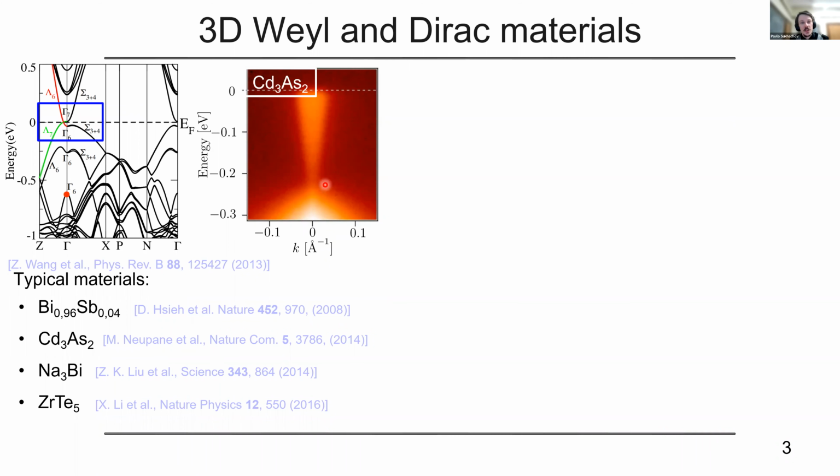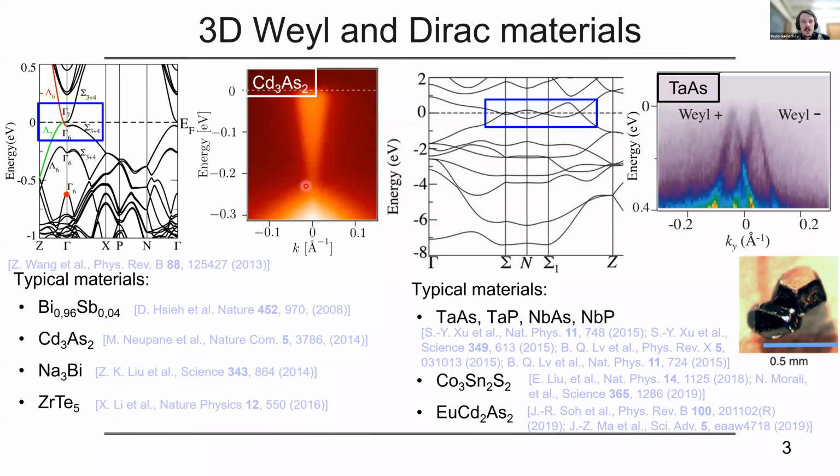the spectrum is indeed linear, but the Dirac node is quite far below the Fermi surface here. In the case of Weyl semimetals, we could have two Weyl nodes, and I will briefly explain why this is the case in a few minutes. The energy spectrum was also mapped using angle-resolved photoemission spectroscopy, as we can see here, for example.